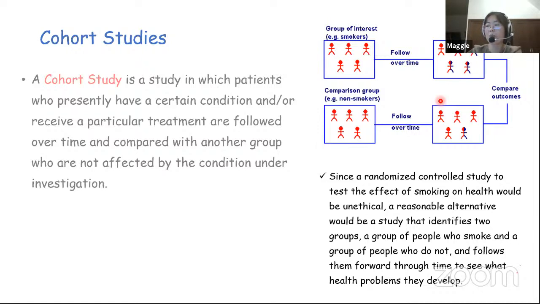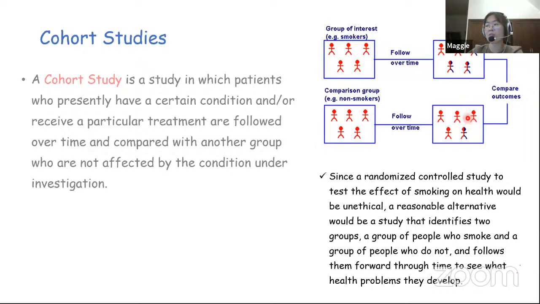So now a reasonable alternative would be the cohort study. For a cohort study, you can find 2 groups of people. One group is smokers. They smoke by themselves. They are already smokers. And another group is the non-smokers. And then you follow these 2 groups of patients for a long time, for example, 5 years or 10 years.